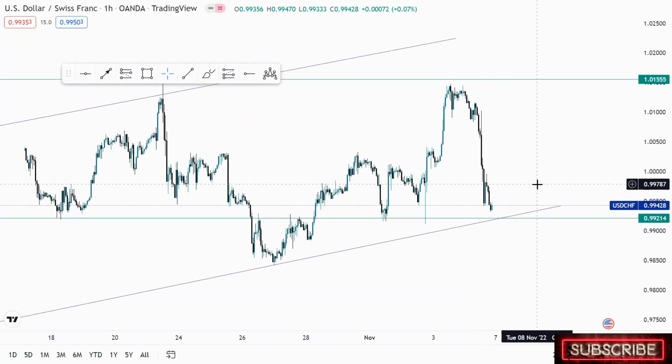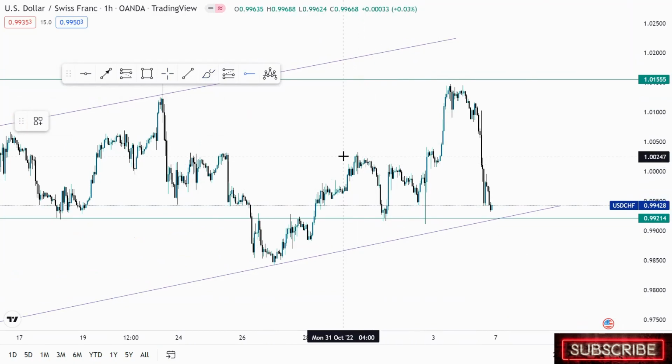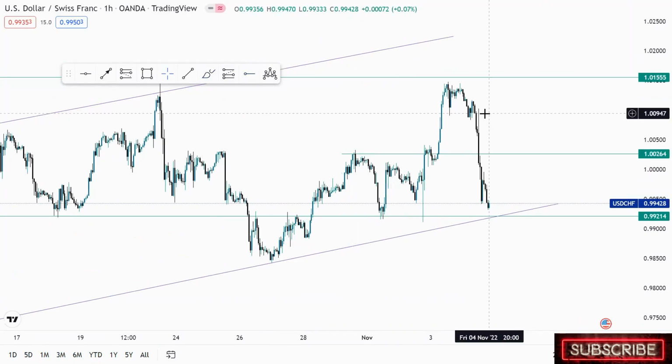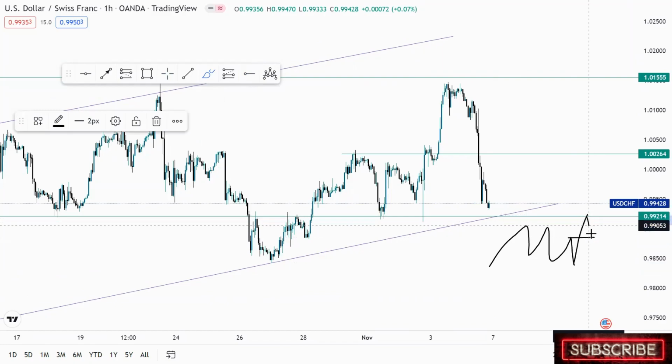If EURUSD gives us that drop, it will probably just be retesting. So what's going to happen on this one? So you can see we have this level as our previous high, okay? So on EURUSD we have something like this, all right? So if EURUSD ends up coming here, then USD is going to buy, right?